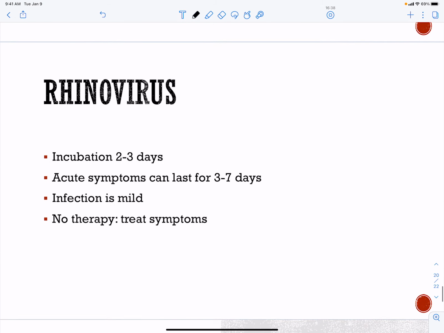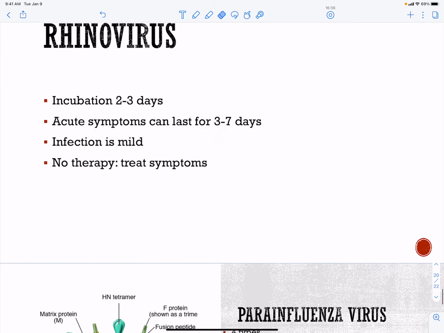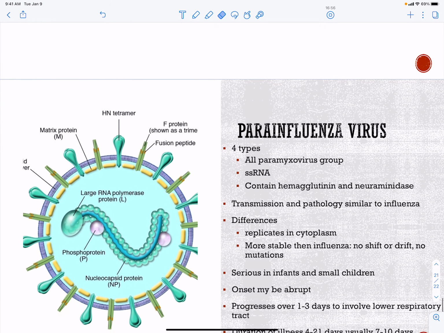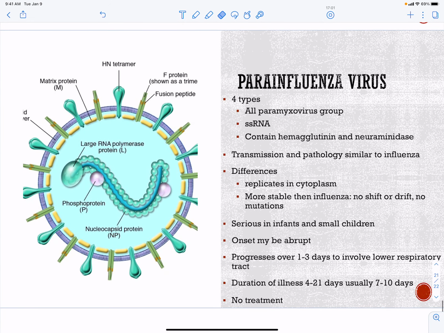The rhinoviruses or colds are going to incubate for a very short period of time. Symptoms are going to last anywhere from 3 to 7 days, so very short, mild symptoms, and typically you don't treat the virus, you actually treat the symptoms. So you get over-the-counter medications to help alleviate coughing, sneezing, those types of things.